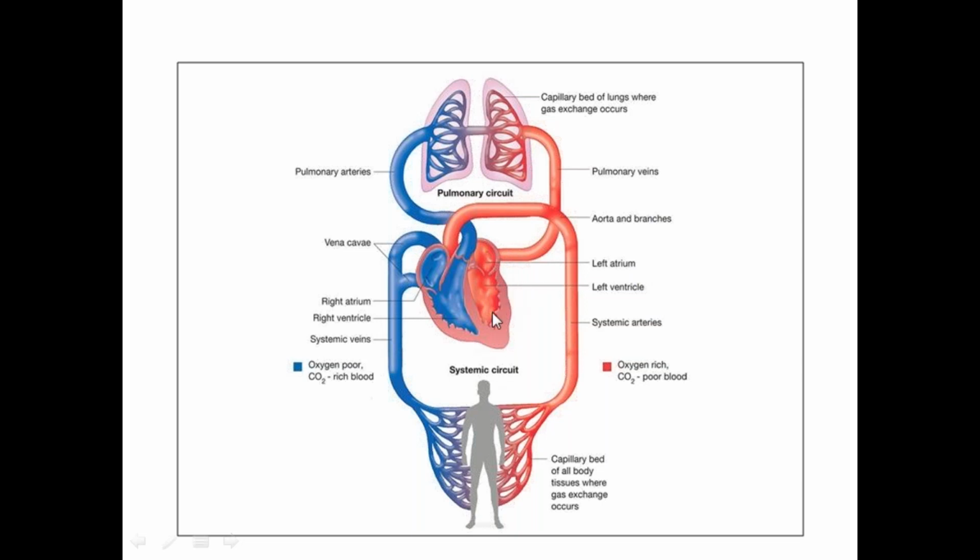So in the second beat, what will happen? When it increases, there will be more stretching of the left ventricle. And when there is more stretching of the left ventricle, your left ventricle will contract more forcefully. So in the next beat, it will be ejecting more blood.